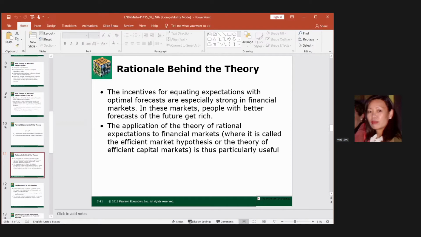You cannot say this price is too cheap, off the fair value, because it means it's already fair value. But there's another camp, for example day traders, who don't believe the market is efficient. If it were efficient, why would they quit a job to do day trading? It's because they believe the market is not efficient.